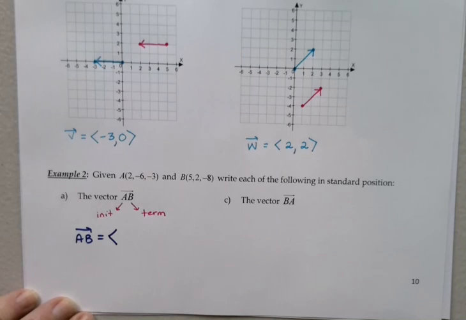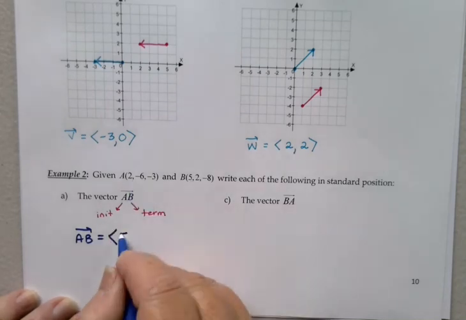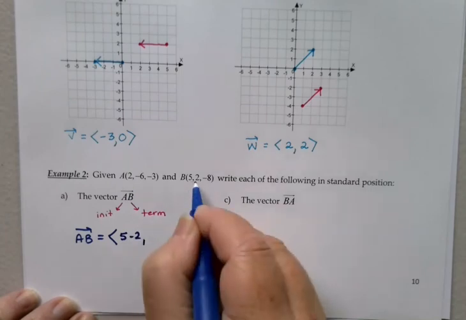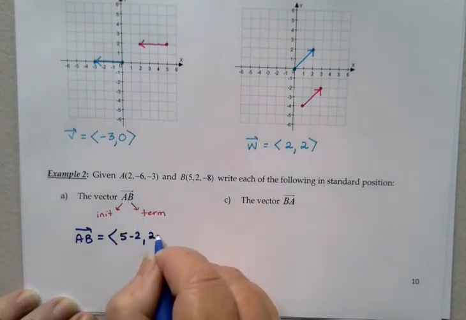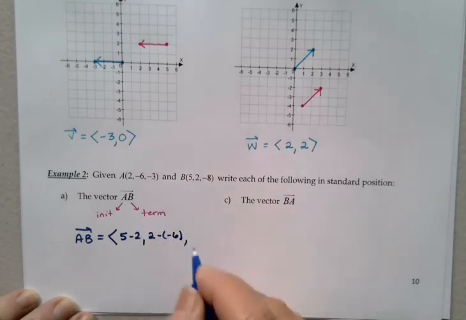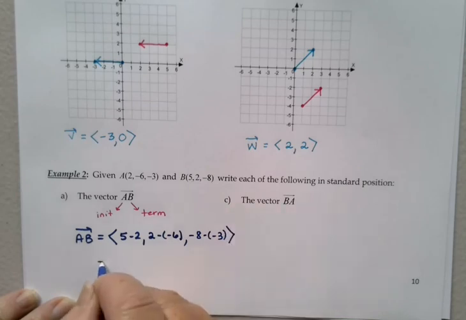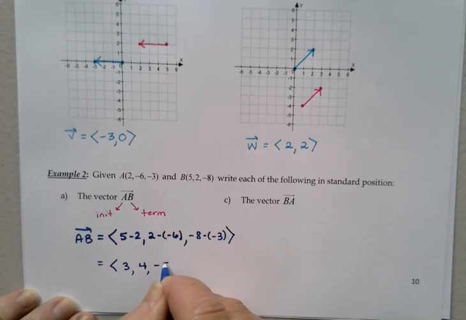I'll write this one out. Terminal minus initial is going to be B minus A. So 5 minus 2. 2 minus negative 6. And negative 8 minus negative 3. Or 3, 4, negative 5.